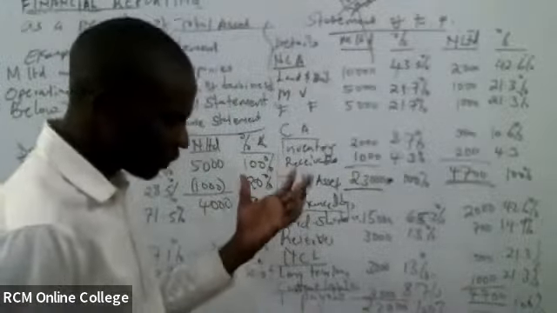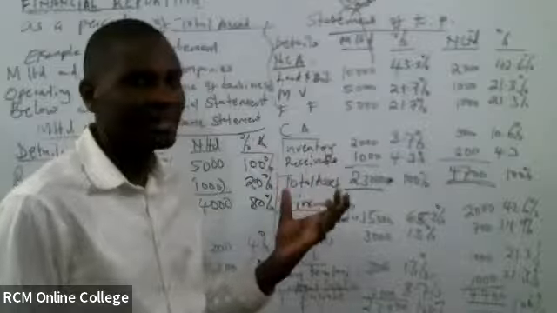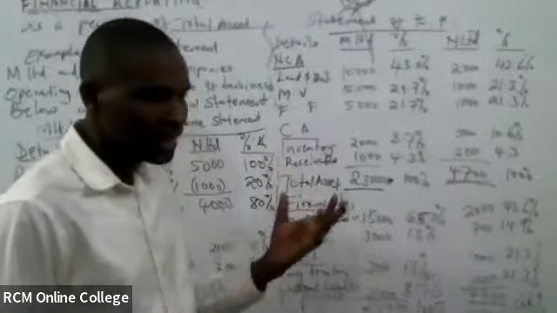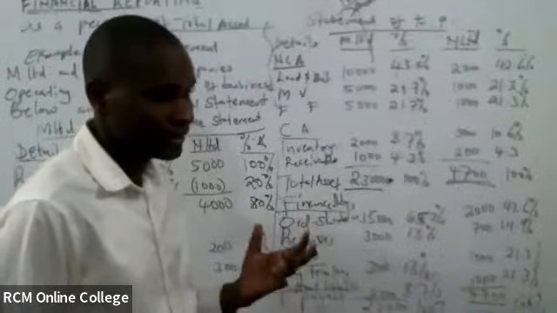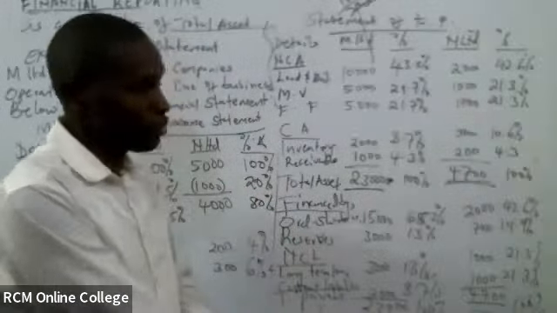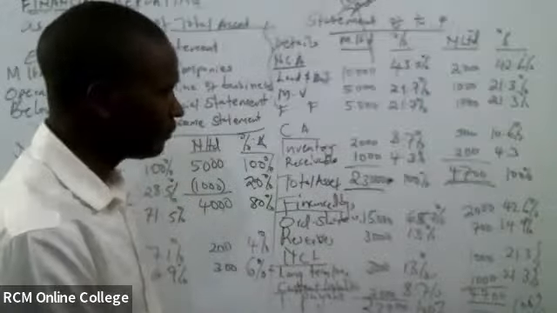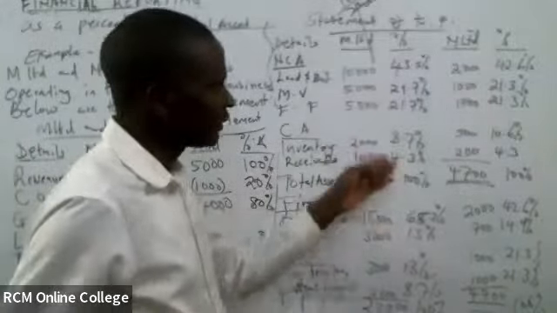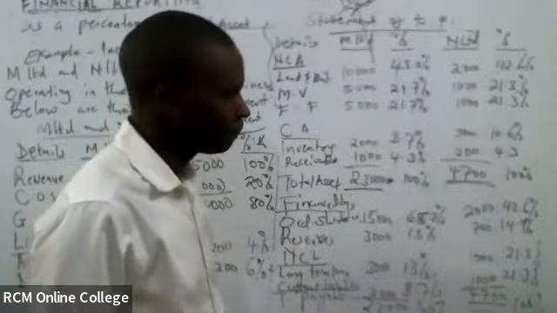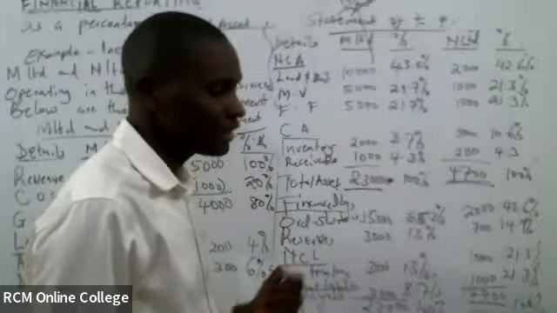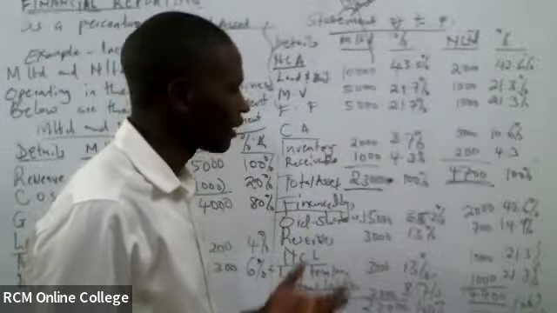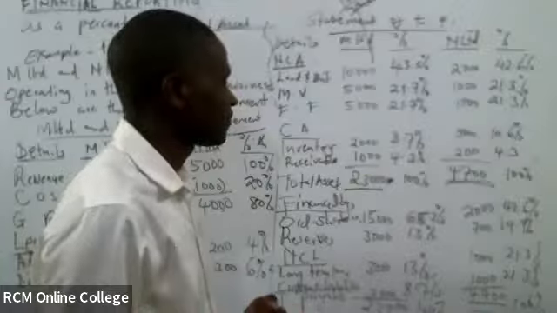But because this percentage, we are getting them depending with the total assets, so we are considering the total assets of that specific company, the percentages are now giving us at least a clear picture of what the company has.